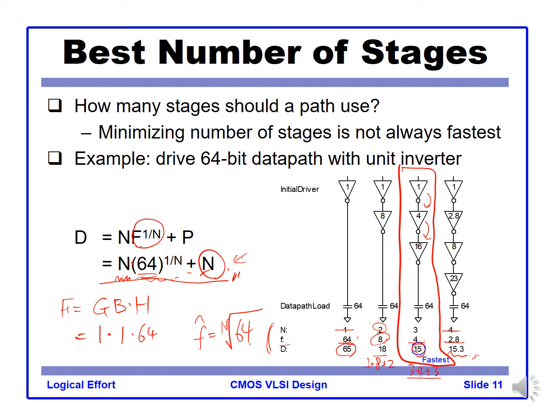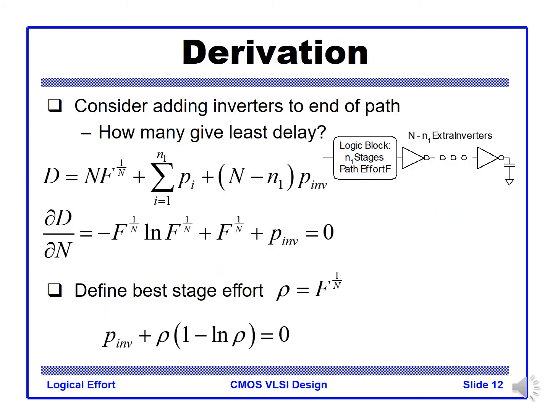In this example we just showed the result, but let's analyze in more detail mathematically. So we'll derive the optimum stage number n, by deriving the mathematical equation in the next slide. Let's consider a certain n1 stages logic block, and at the end we have n-1 extra inverter stages.